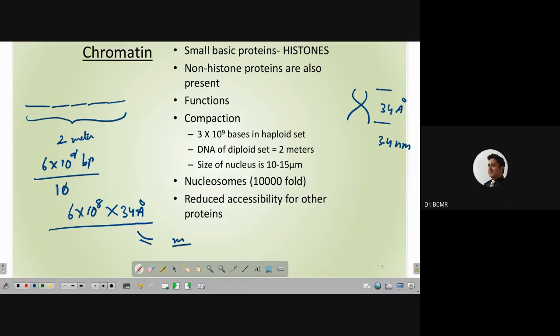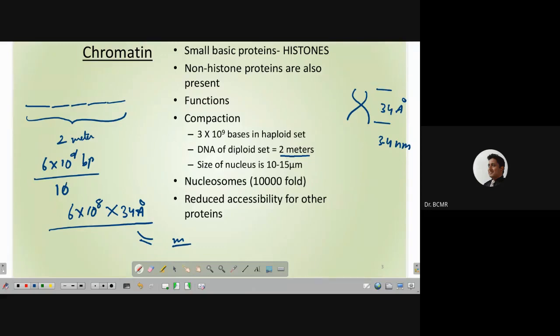So what I want you to appreciate is that DNA from one cell, when put end to end, is about 2 meters. It is taller than the majority of us, right? It is longer than the majority of our whole body.